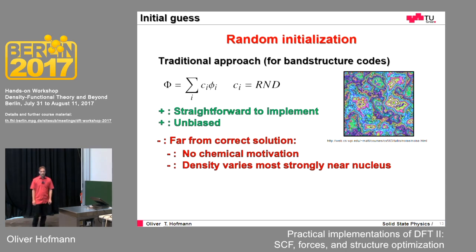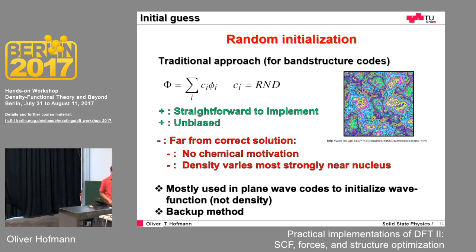And it doesn't account for the fact that the density varies most strongly near the nucleus. So it's mostly used in plane wave codes, if it's used at all, and it's sometimes still there as a backup method, but as I said before, I don't think it's actually used a lot in practice anymore.